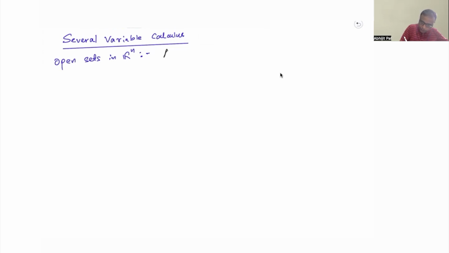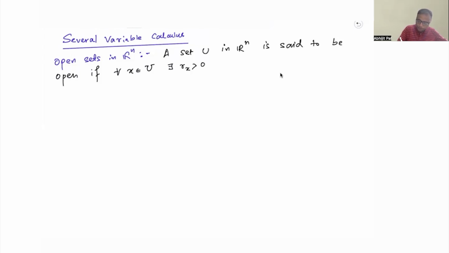A set U in Rn is said to be open if for all points x in U there exists a positive number Rx such that the ball of radius Rx centered at x is contained in U. Now what is the meaning of a ball?